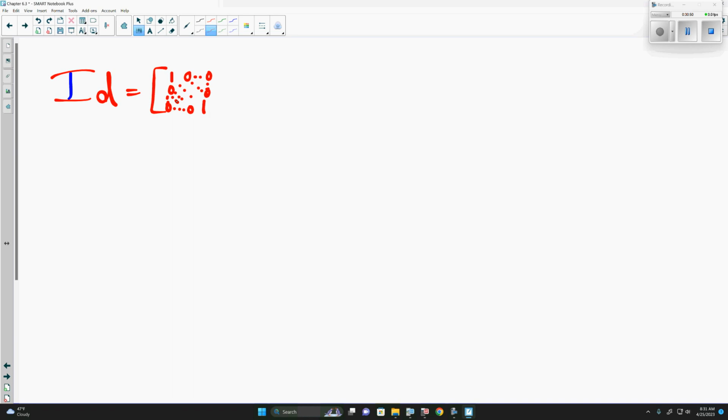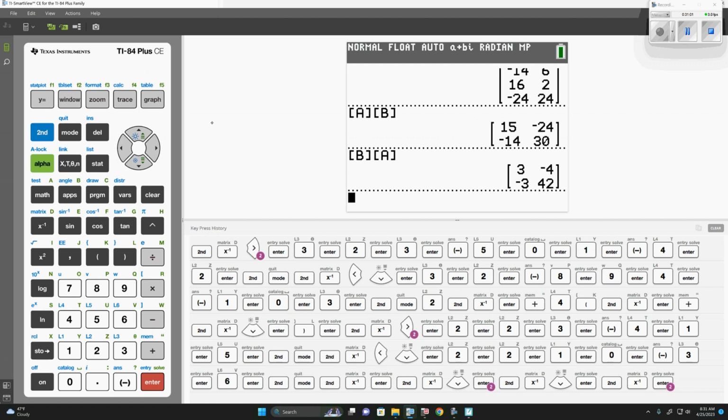The little dots are just saying it continues that way, that everything else is zeros and we have that diagonal of ones. Whenever we multiply with it, it's almost the same as multiplying a number by 1. We get what we started with.